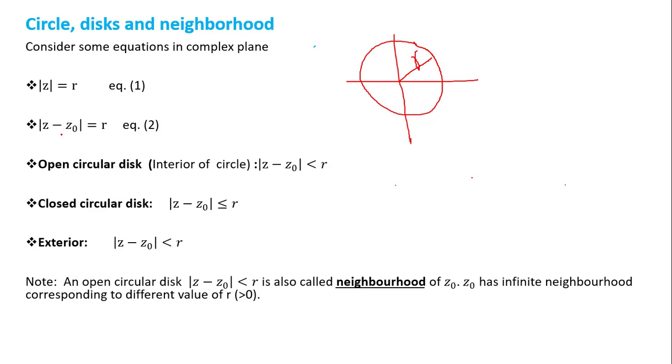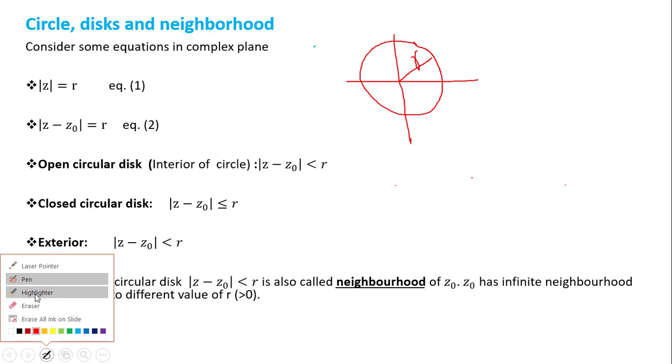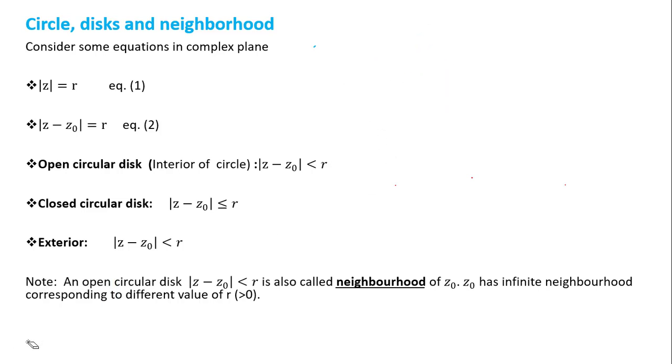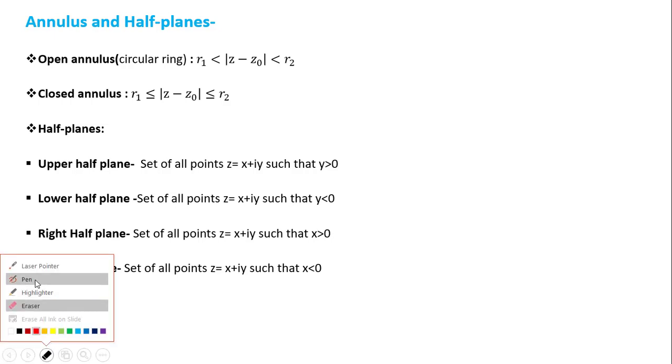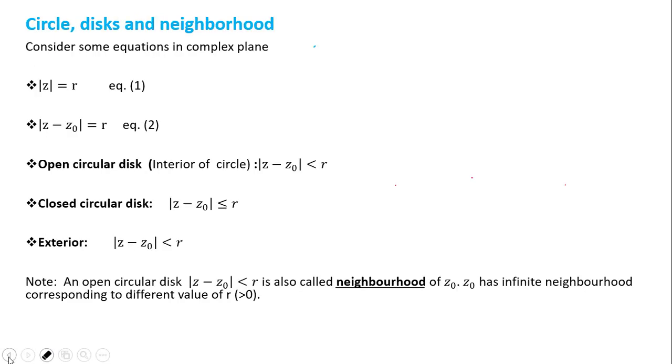Z naught is a complex number, another complex number, and z is x plus iy, a complex variable. So try this.